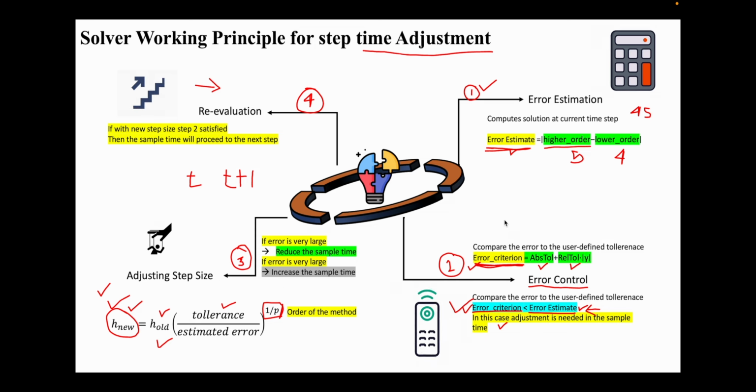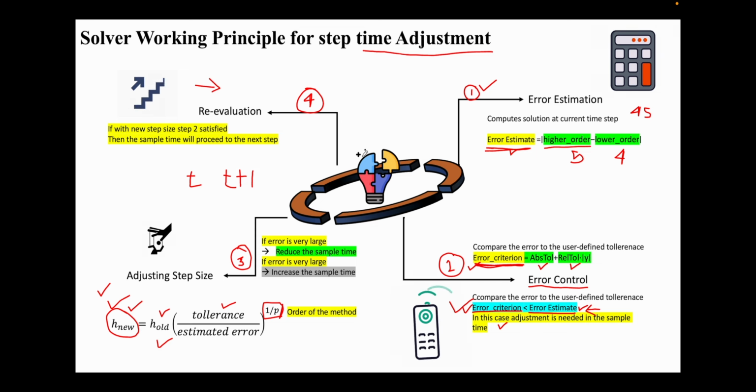So that is how we can see on the back end how Simulink adjusts the sample time. This question always comes up: why is there an adjustment of sample time and how does it happen? This is how it works. The adjustment of sample time is needed to solve the problem efficiently. If you want to simulate a model efficiently, that needs to be done with the help of sample time adjustment, because if you increase your sample time, you make fewer calculations and the simulation is faster.